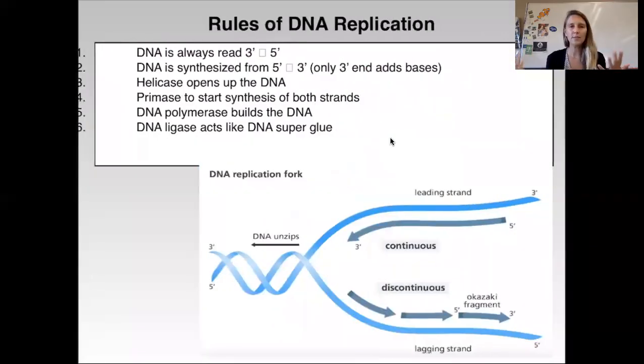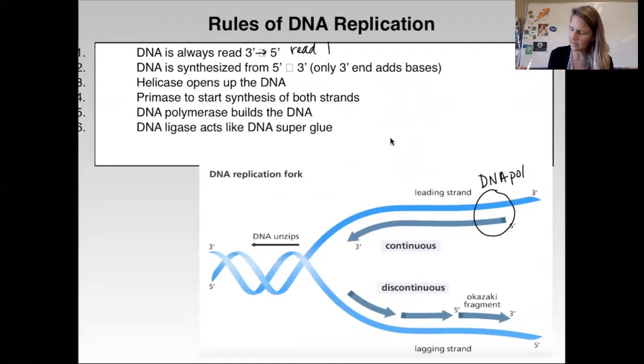All right, so there's lots of rules of DNA replication. I talk about it in a very specific way, but the way I talk about it doesn't always work for every student. So I like to give these rules in case other people like to hear them this way. So DNA is always read in a 3' to 5' direction. So what I mean by that is as DNA polymerase sits on the DNA, it is reading the template strand 3' to 5', right?